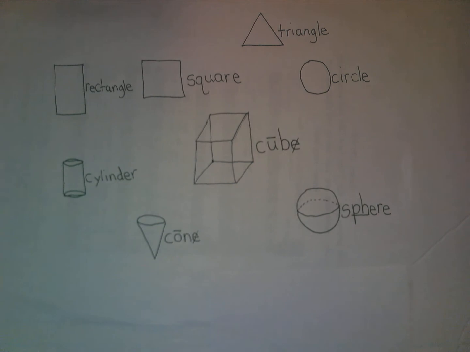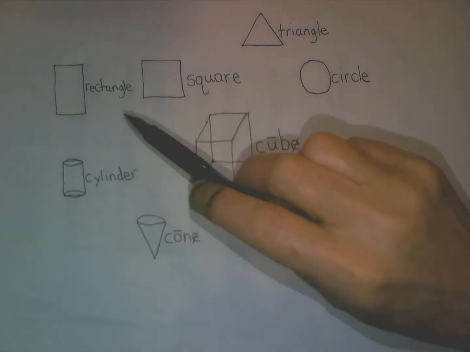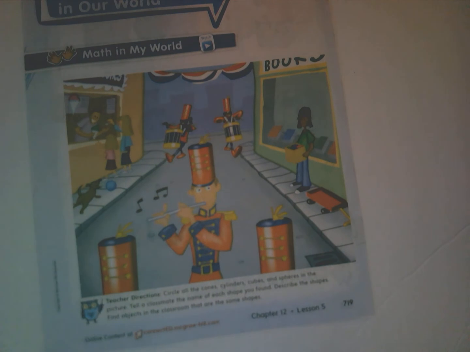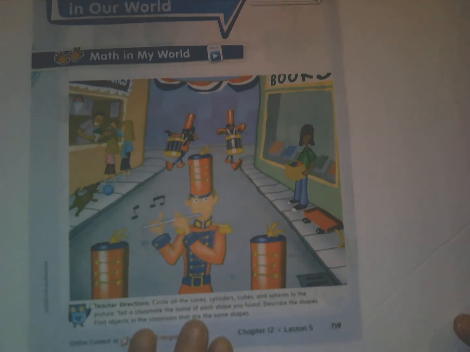Those are the shapes that we're learning. You might have some fun today practicing those shapes, seeing if you can draw a two-dimensional and a three-dimensional, and then you can show your parents if you want. And after you've learned that, then you are ready for your math sheet.